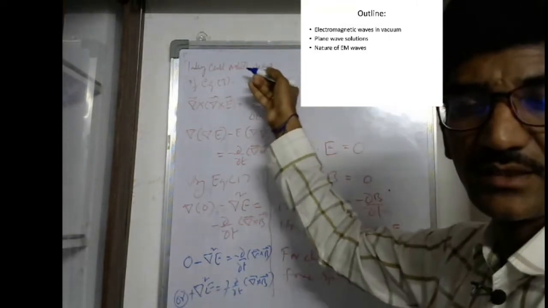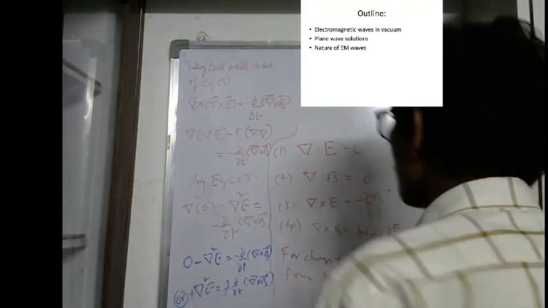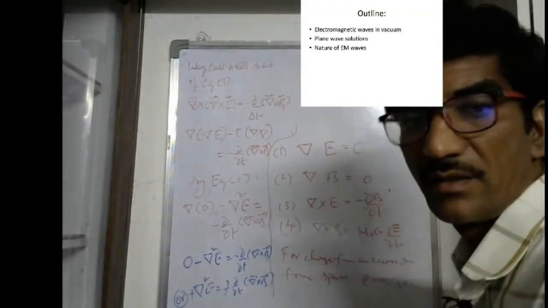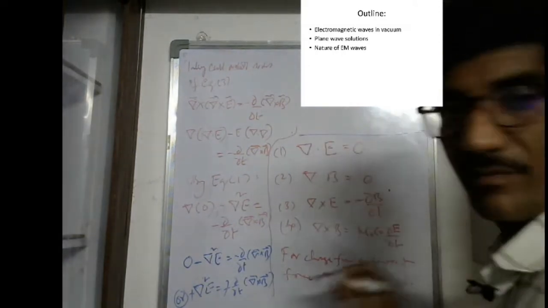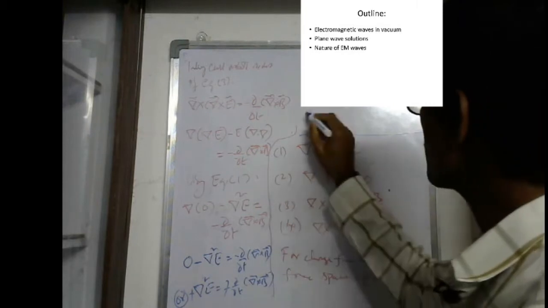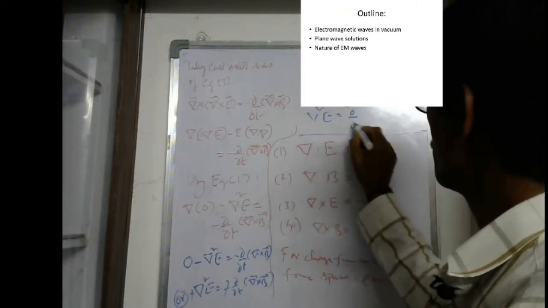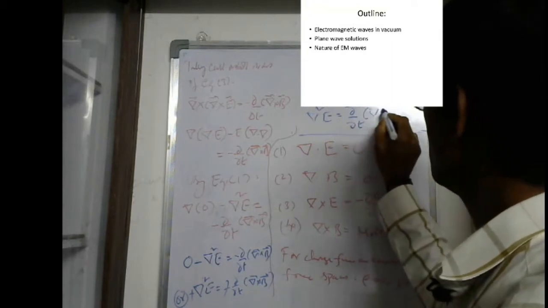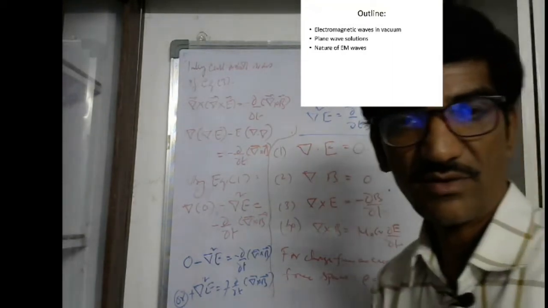I am writing the last derived equation here. Minus minus cancel, del square E is equal to dou by dou t of del cross B.